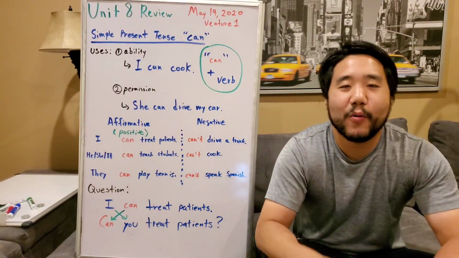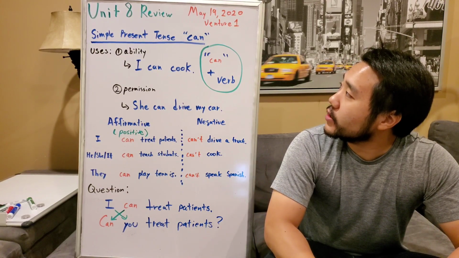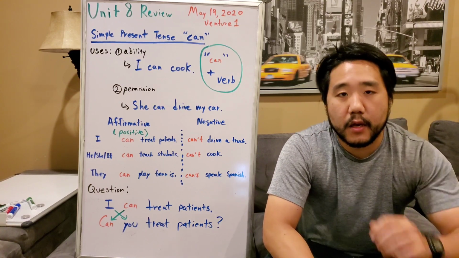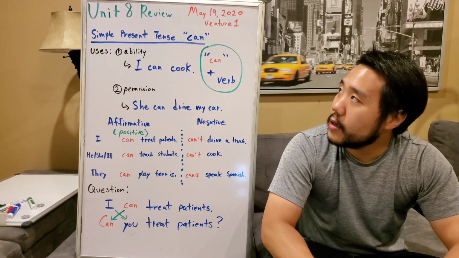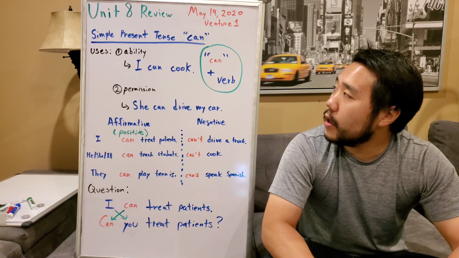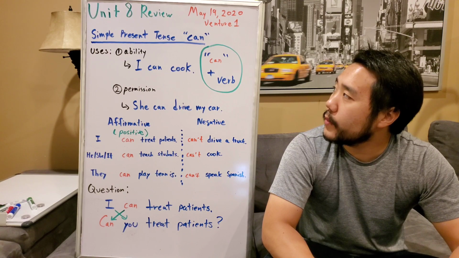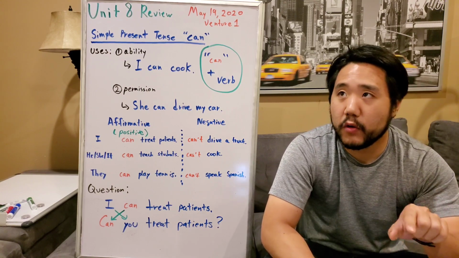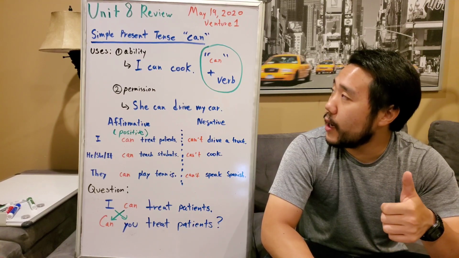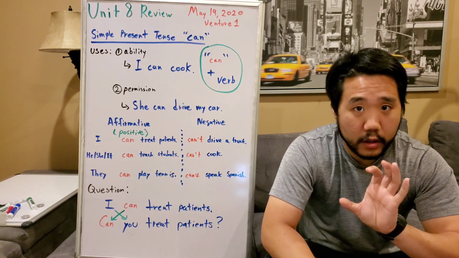Hello everybody, welcome back. Today is May 19th of 2020 and we're reviewing Unit 8. In our previous video, while reviewing Unit 8, we went over identifying occupation, and we talked about simple past of be, the words was and were.